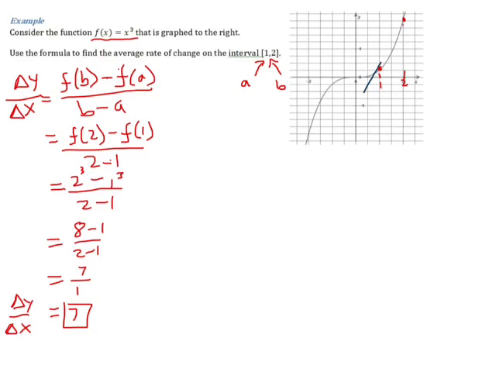If we draw in our secant line something like this, as we said earlier, the rate of change is just the slope. If we look at the slope here going up and over, remember we have to watch out for the scale, so we're going up 7 and over 1.